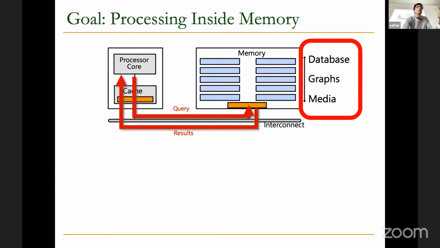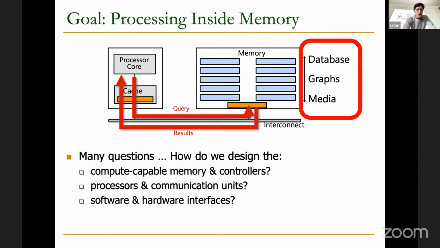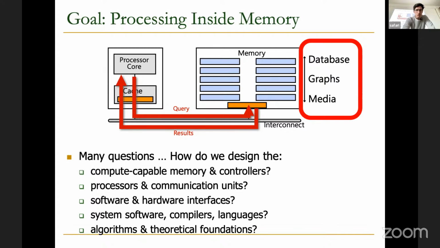But in order to be able to design these kinds of systems, there are many things that we have to redesign and think about. For example, how to design compute-capable memory, how to design intelligent memory controllers, how we need to change the processor design or the communication unit design, how about the software and hardware interfaces, how do we program these new systems, and how to generate code for these new systems and new software.